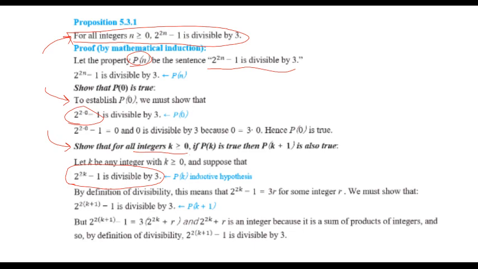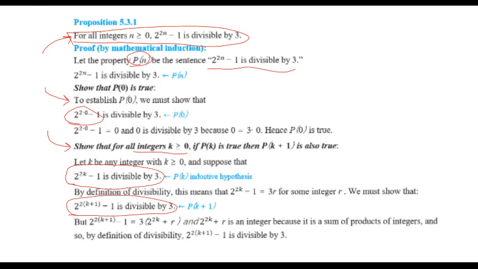Now, using this hypothesis, we need to show the same property for n equal to k plus 1. So we need to show that P of k plus 1 is true. P of k plus 1 becomes 2 to the power 2 times k plus 1 minus 1 is divisible by 3.